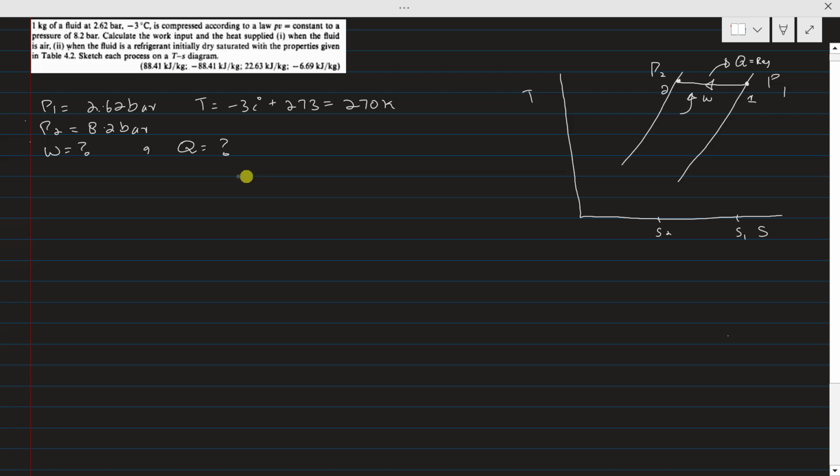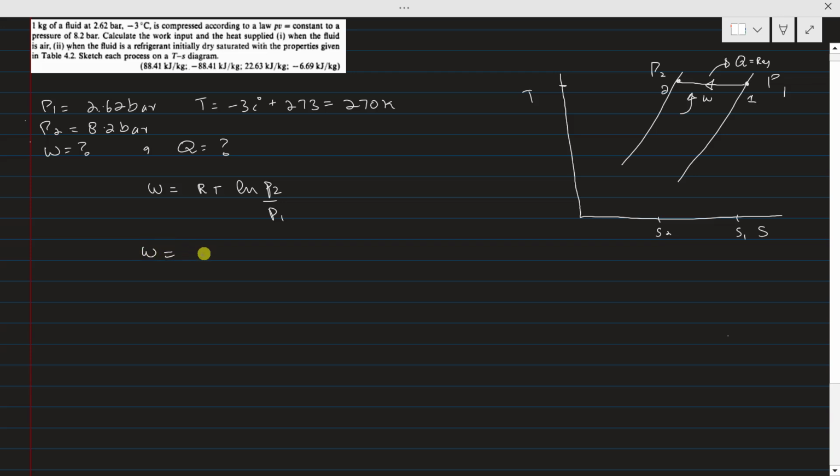During this constant temperature process, the temperature is 270 Kelvin. The work that is done on the system is equal to RT ln P2 divided by P1.